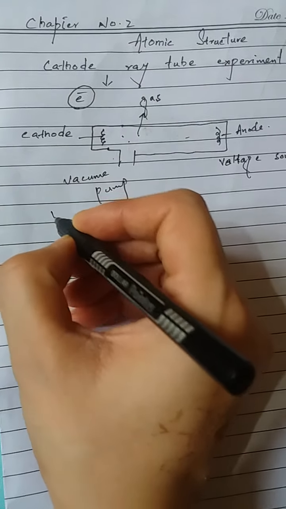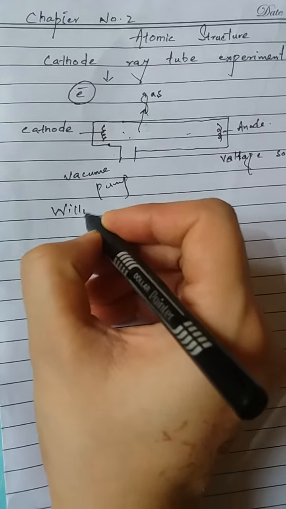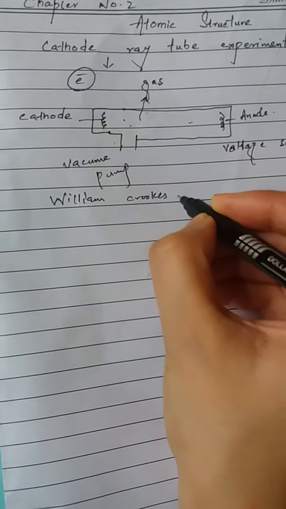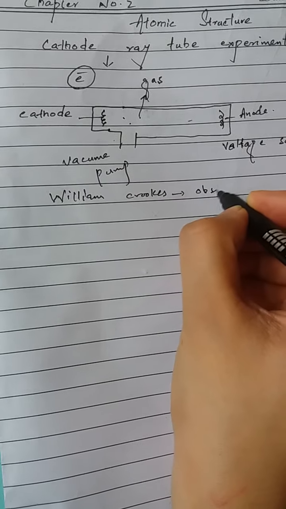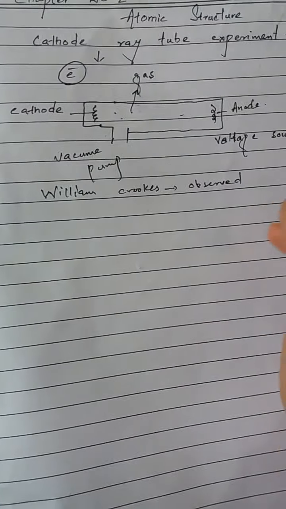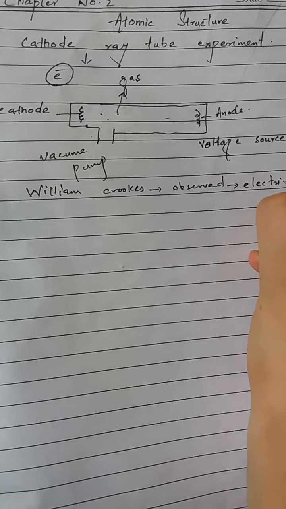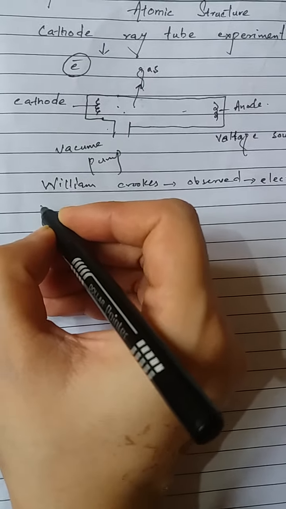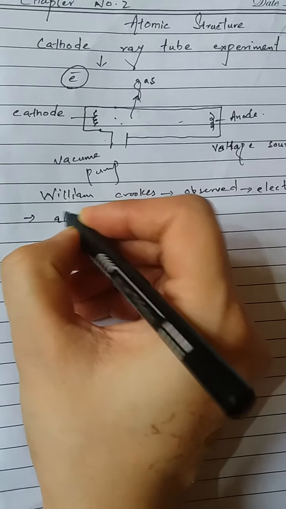Now, William Crookes first time observed that electrical conduction takes place at reduced pressure.